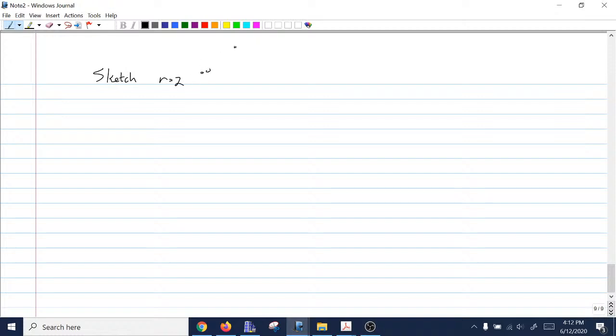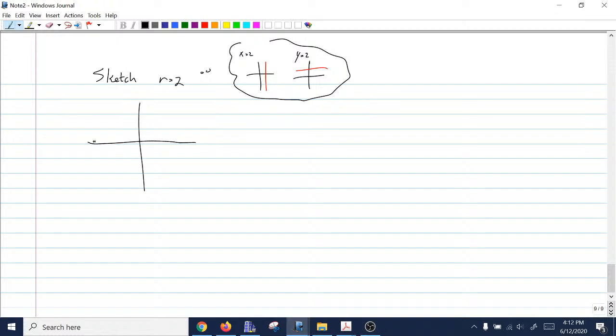While I'm doing this, I might think in my mind, what does x equals 2 look like? If I graph x equals 2 in rectangular coordinates, that's a vertical line. If I graph y equals 2 in rectangular coordinates, that'll be a horizontal line. So I'm thinking about what a vertical or horizontal line would be in polar. If your r value is 2, but your theta is allowed to do anything, here's theta equals 0, here's theta equals pi over 2, here's theta equals pi, here's theta equals 3 pi over 2.